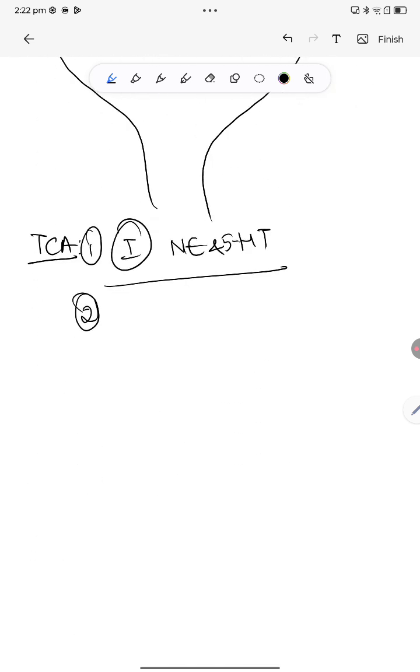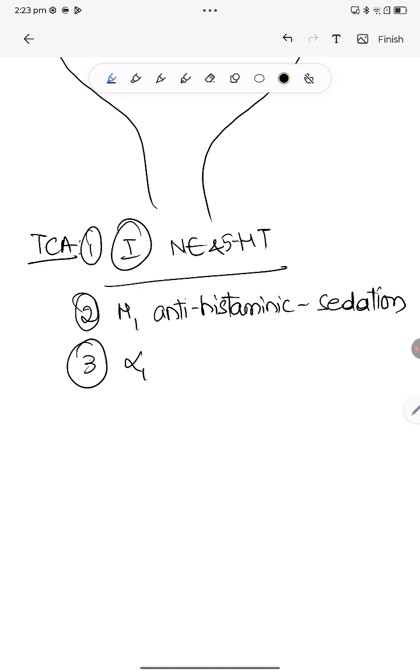In fact, they also cause H1 antihistaminic blockade, because of which they cause sedation, and they also act on the alpha 1 receptor of the adrenergic system, as alpha 1 blockers, resulting in postural hypotension.